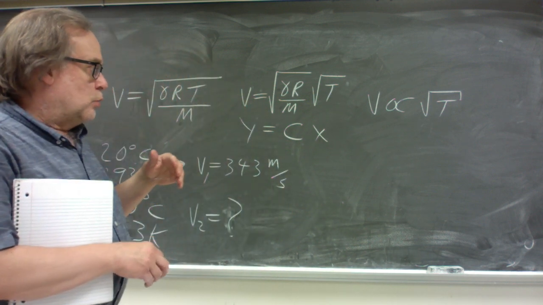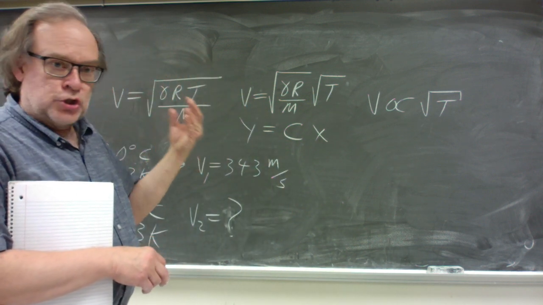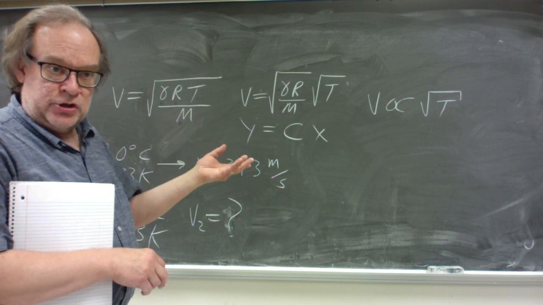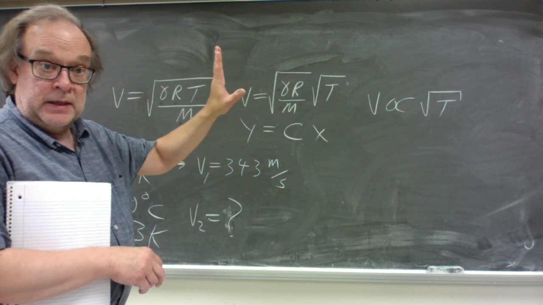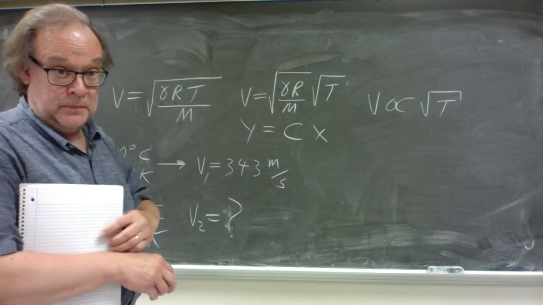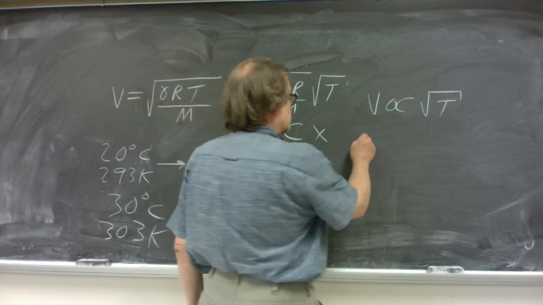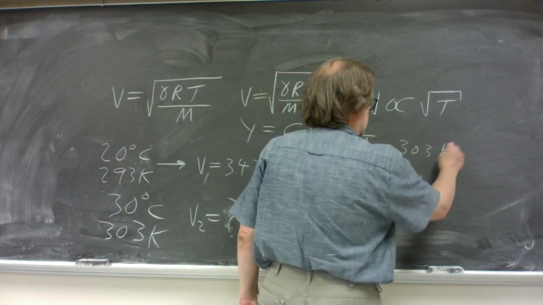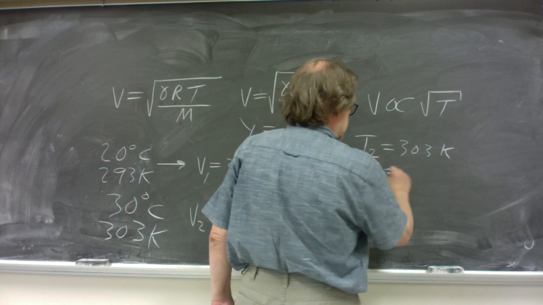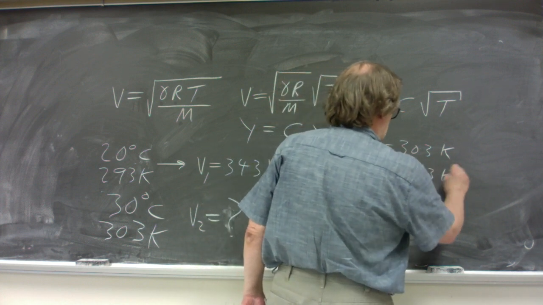So we want to know how square root of temperature changes. And then remember that temperature means Kelvin temperature. So the new temperature was 303 Kelvin. The old temperature was 293 Kelvin.